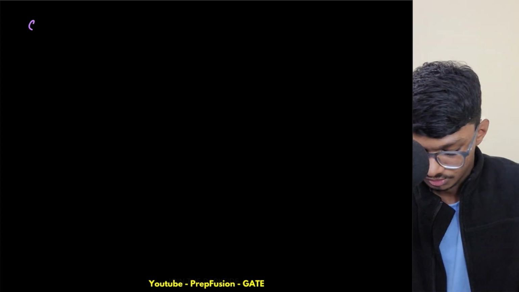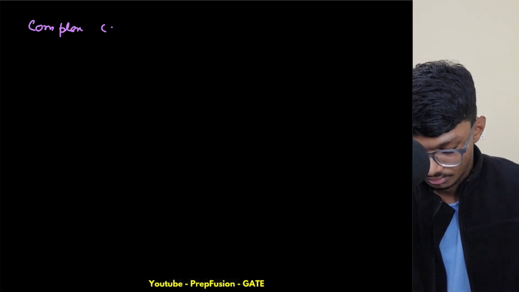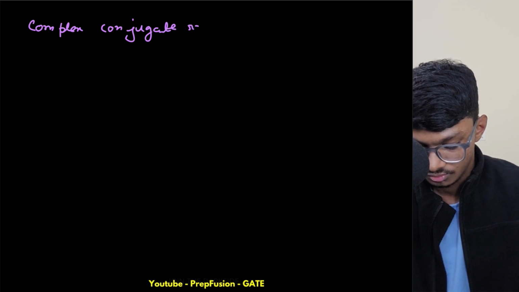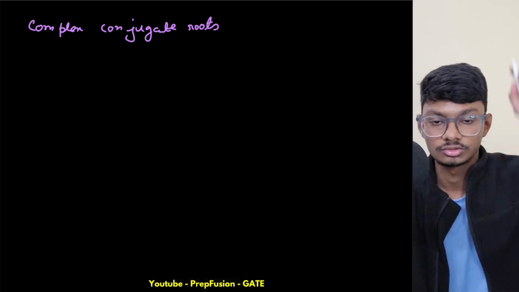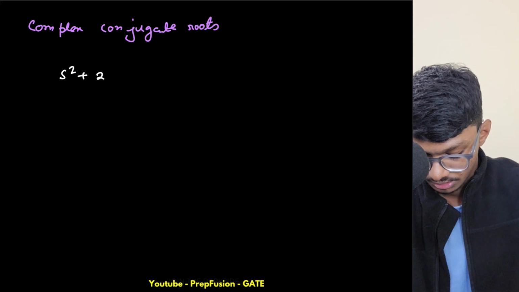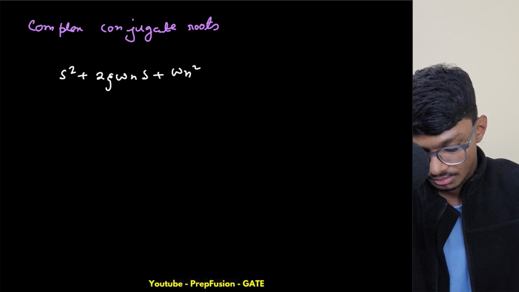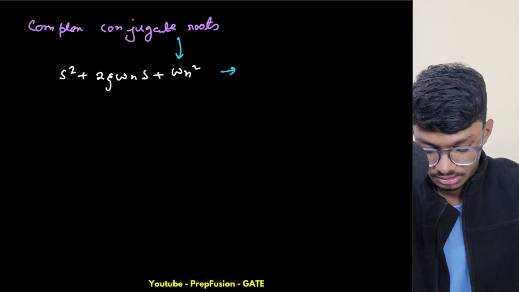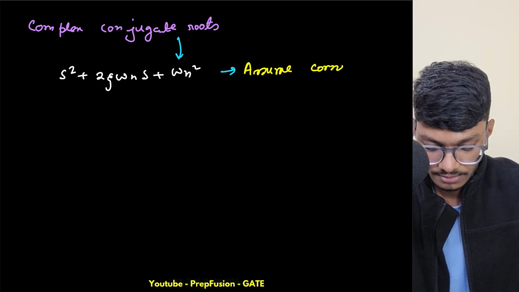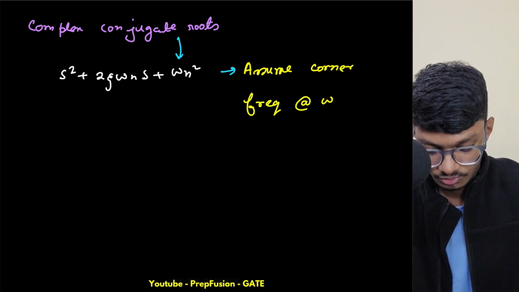So whenever we have complex conjugate roots, we assume the format should be s square plus 2 zeta omega n s plus omega n square. Then whenever we get complex conjugate roots, we assume the corner frequency is at omega n.